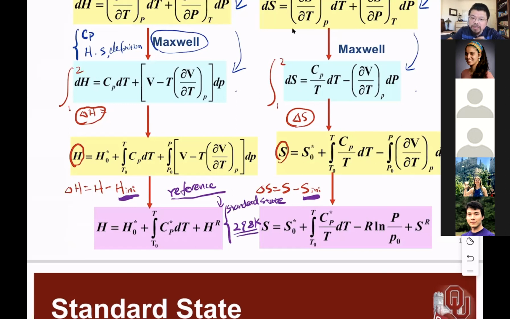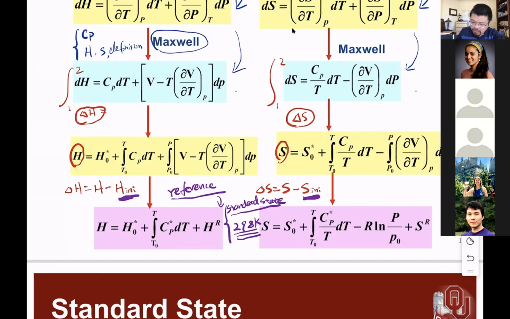It's not really special. It's simply because we have lots of measurements at this 298 Kelvin. So in reality, when we try to calculate those exact values, we try to think of the standard state and whether we can take any advantage of that standard state. And we also think of that room temperature, 25 degrees C. We have lots of measurements. Are we able to refer to that as the initial reference? So that is the philosophy in real life problem solving.